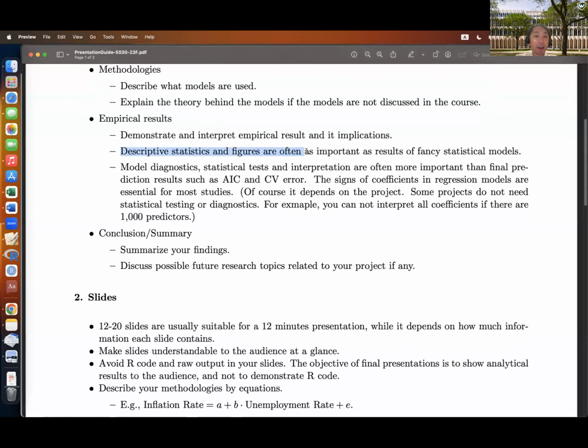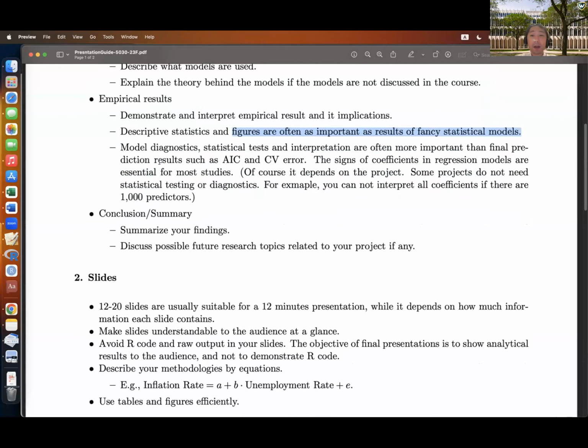And the descriptive statistics and figures. This is a statistics class. Some of the students focus on the statistical estimation, but it's really important to have some descriptive statistics and graphs to show what the data really tells.